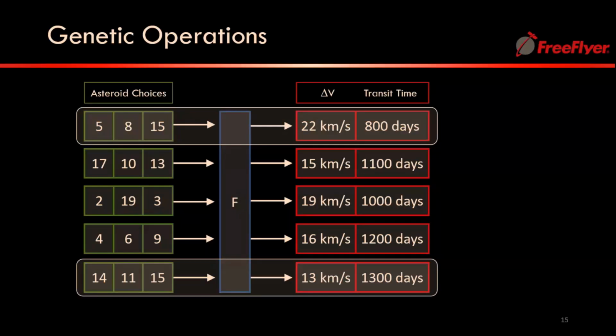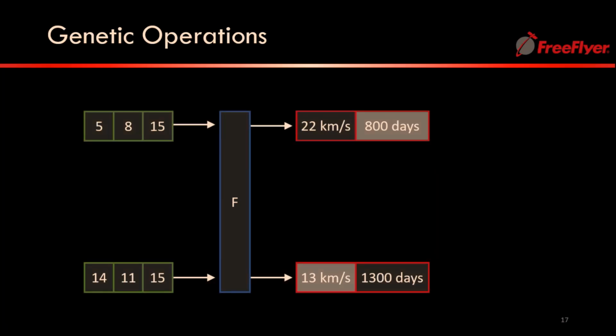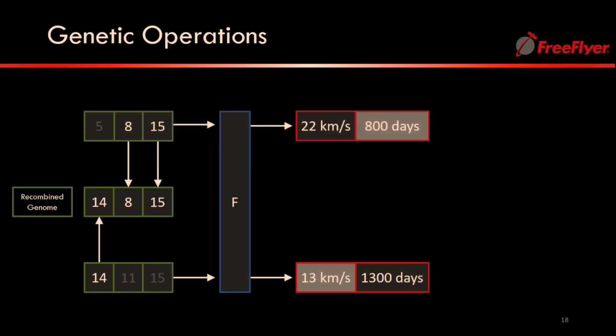And how we'll go about this is we will look for solutions in our current population that have desirable values for our objectives. So in this particular example, we would look for solution number 1, which has the best objective value for transit time, and the last solution in the set, which has the best objective for delta V. So we'll isolate these solutions and we will recombine them.